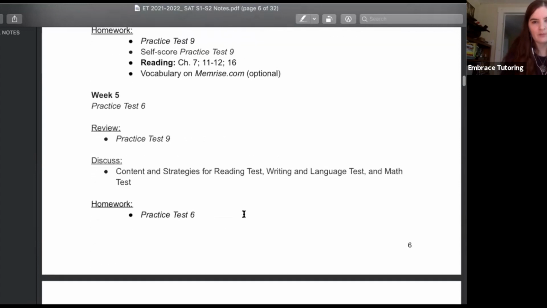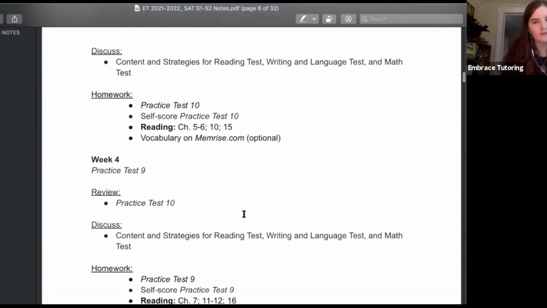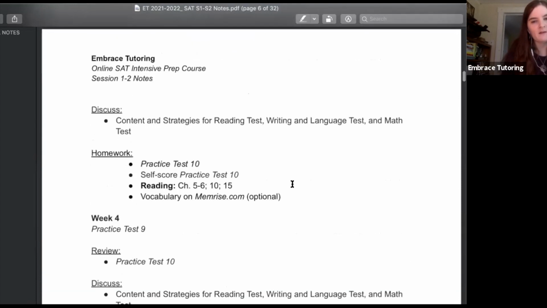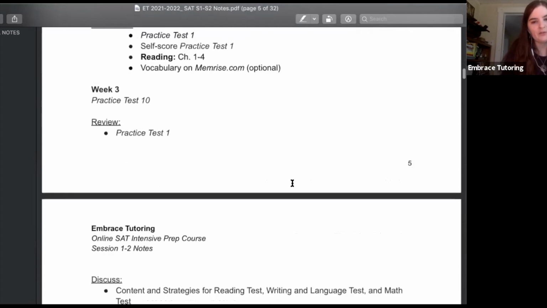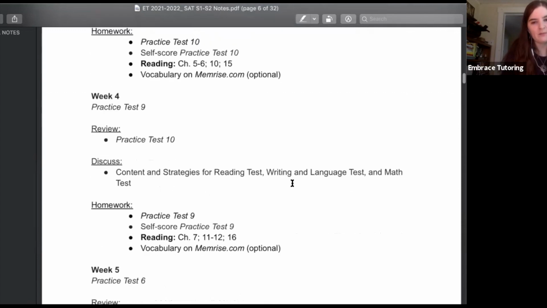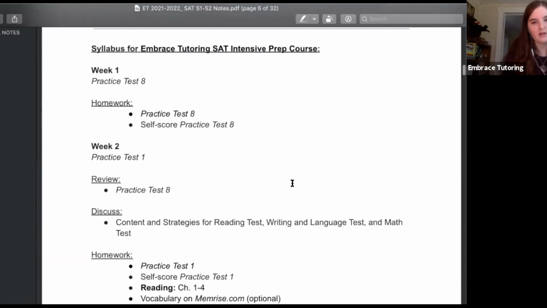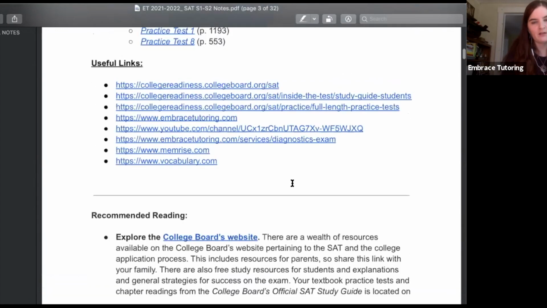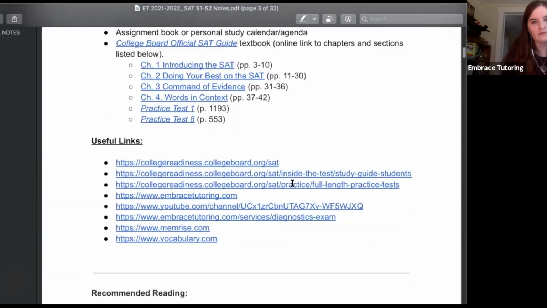And then you're reading chapter 7, and then 11 to 12, and then 16. You're reading more than one chapter in the writing and language test, I believe.